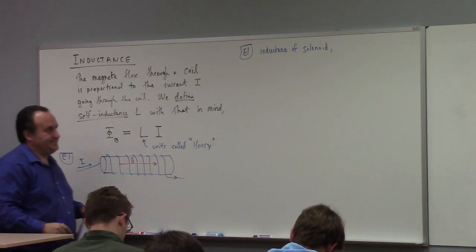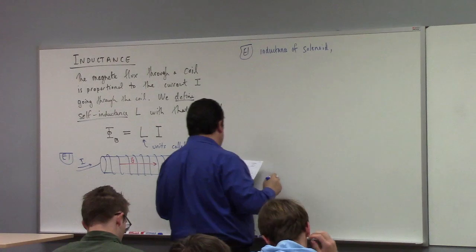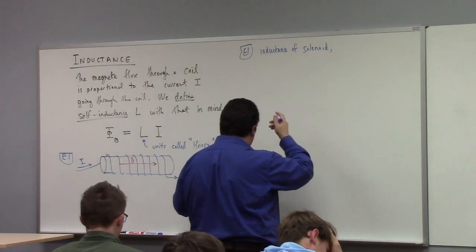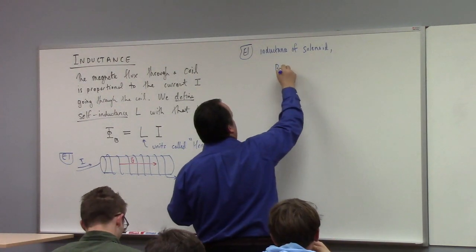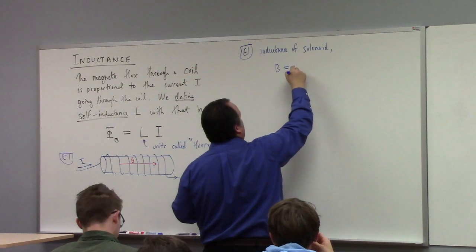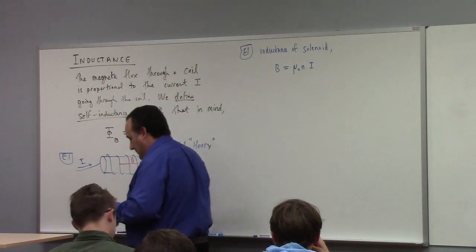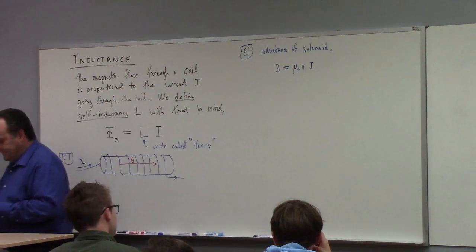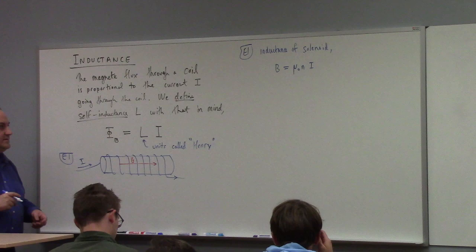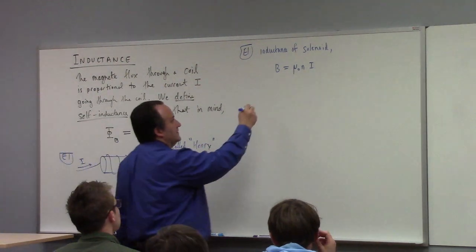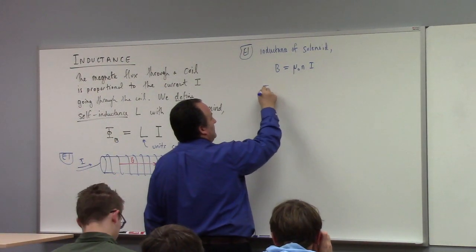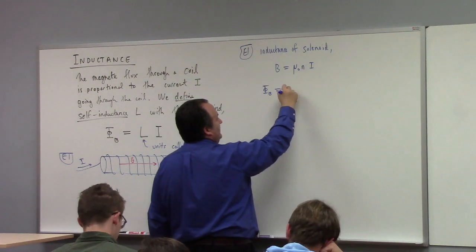All right, continued. Remember, we worked out before that the magnetic field is mu naught n i, from Ampere's law, where n is the number density, right? In this case, the flux was equal to NBA, right?